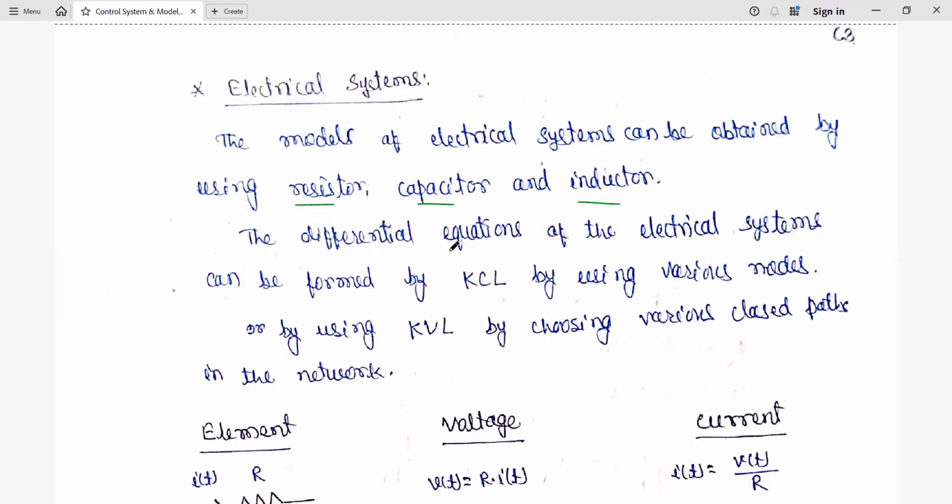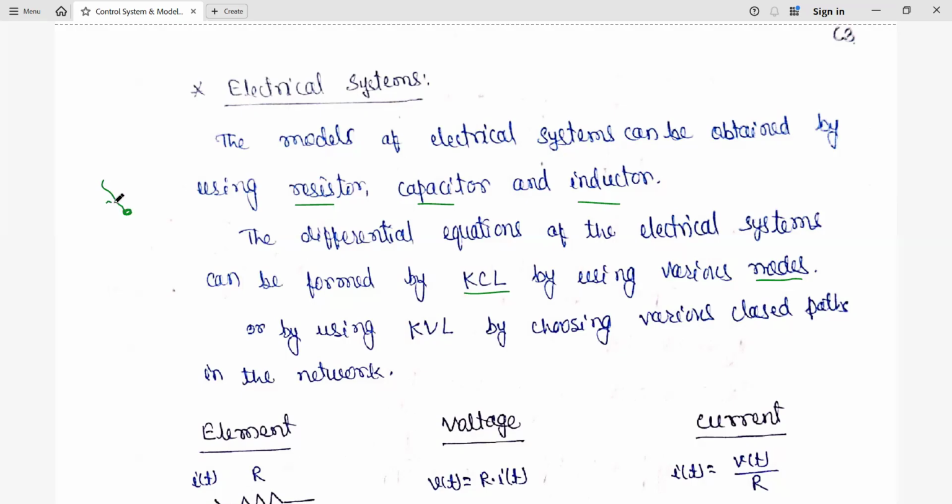To obtain the simplification of the electrical system, again, we are going to use differential equations. We are going to apply Kirchhoff current law when we are talking about node analysis, or when we are dealing with current, then we apply Kirchhoff current law at particular nodes. You know Kirchhoff current law means incoming current is equal to outgoing current.